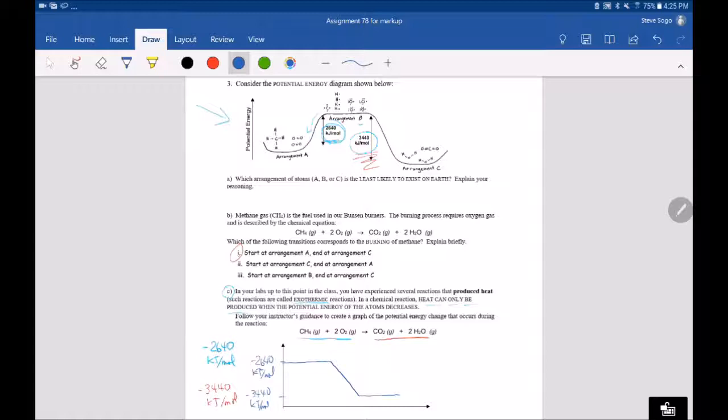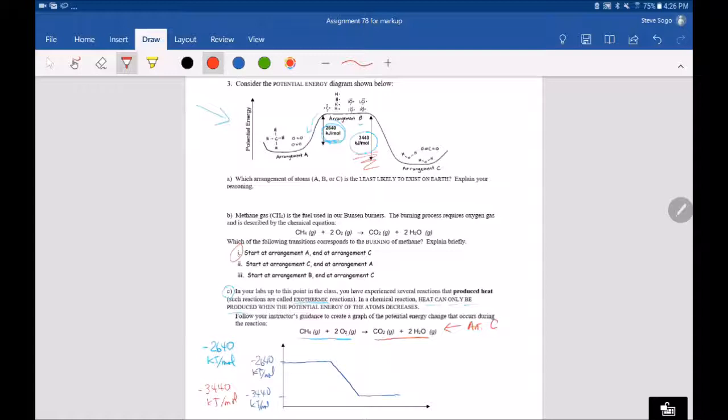So that is the potential energy change. They're both low in potential energy compared to the unbonded state. But this arrangement right here, arrangement C, is much lower in potential energy than arrangement A.